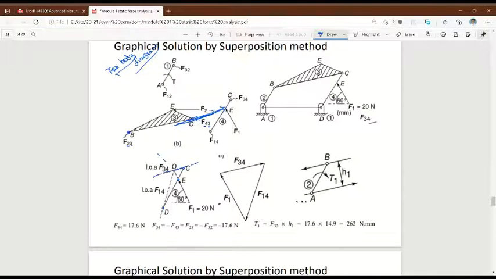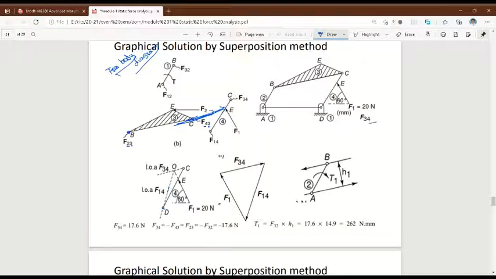So F34 and F1 are meeting at a point O. The force which is acting on D will also meet at O. The line of action diagram for the fourth link is over.